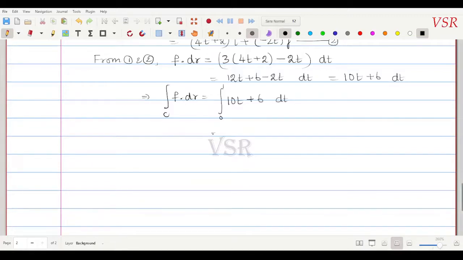So this is equal to 5t square போட்டுக்கலாமா, 10t square by 2 அப்போ 5t square plus 6t. The limit varies from 0 to 1. So 1 போடும்போது 5 plus 6 11. So answer is 11. So answer is integral over c f dot dr which is equal to 11 for the second problem.